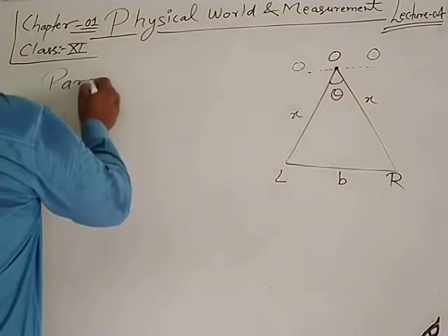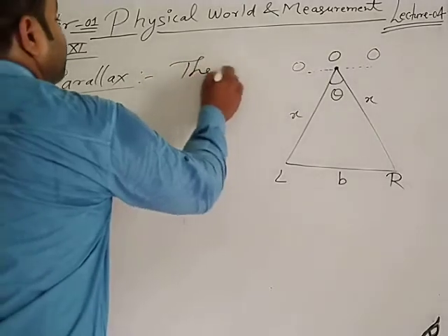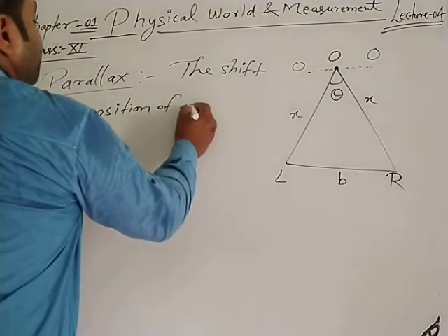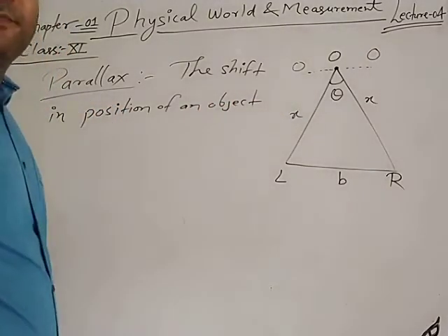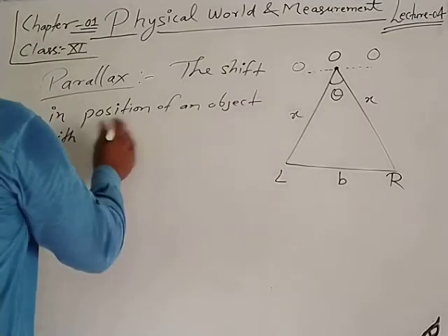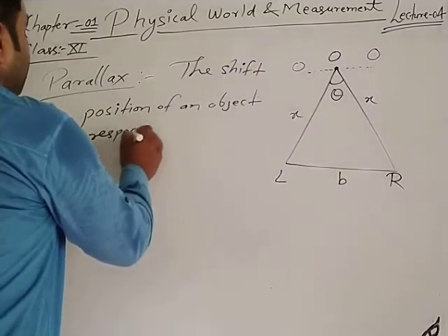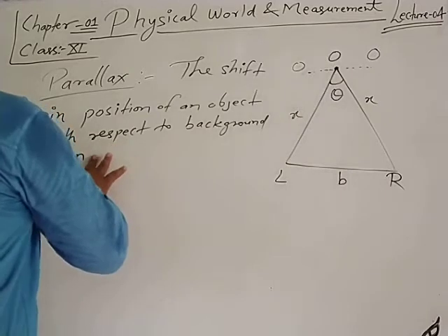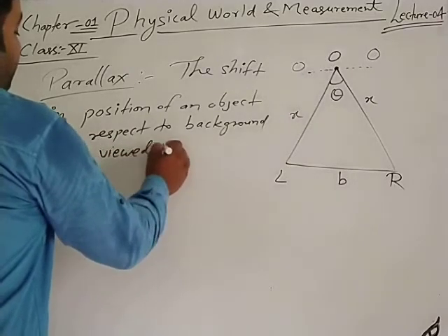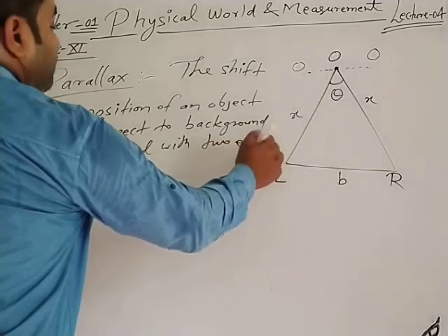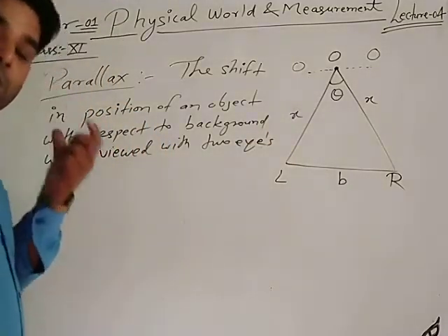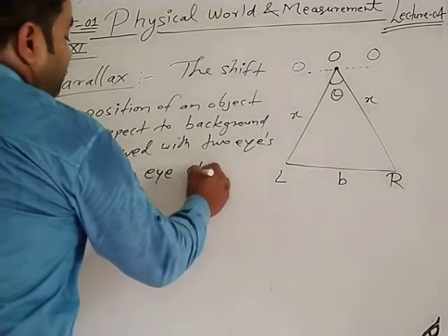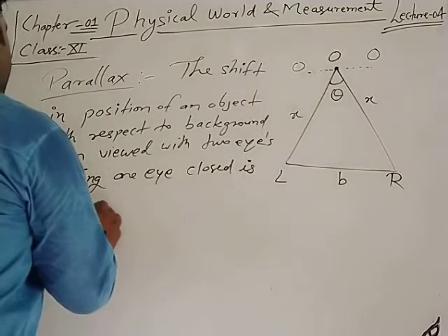So this angle is theta. By definition of parallax, the shift in position of an object with respect to background, when viewed with two eyes, keeping one eye closed, is called parallax.